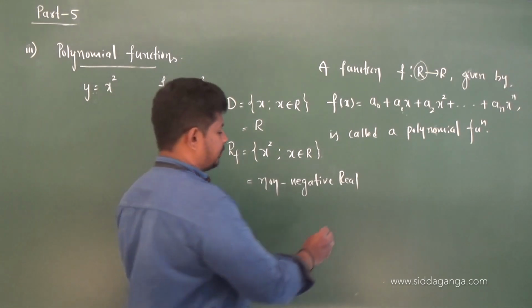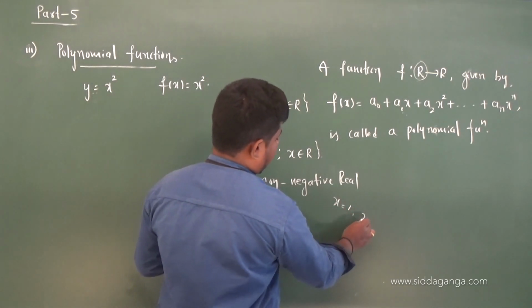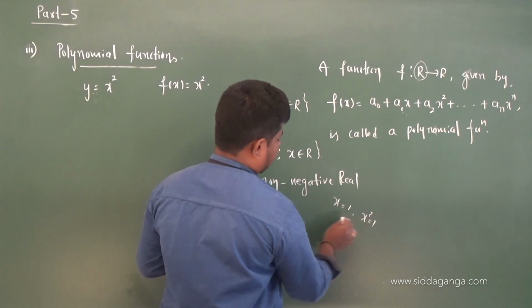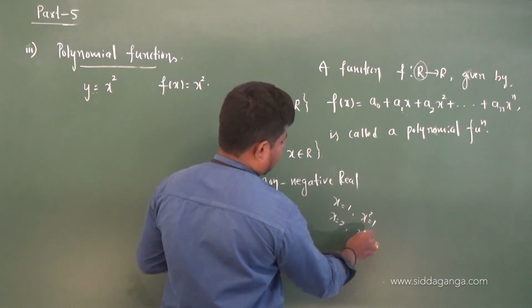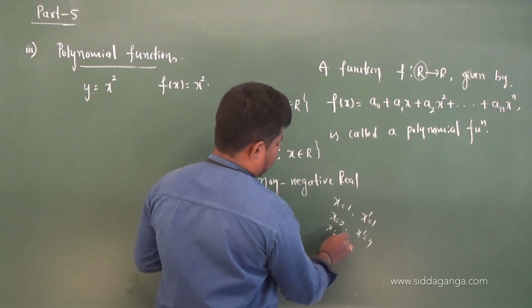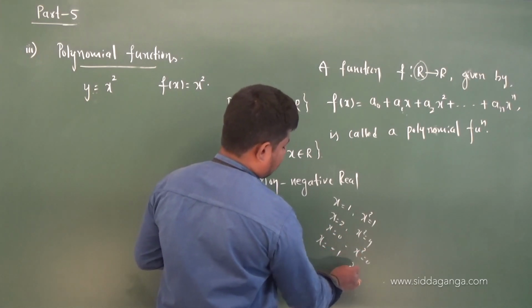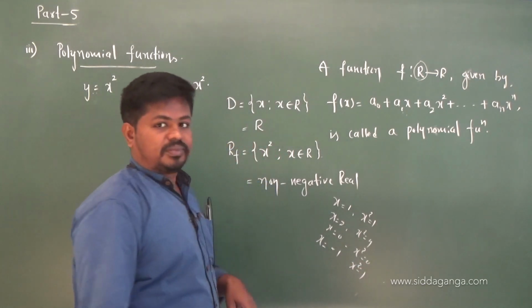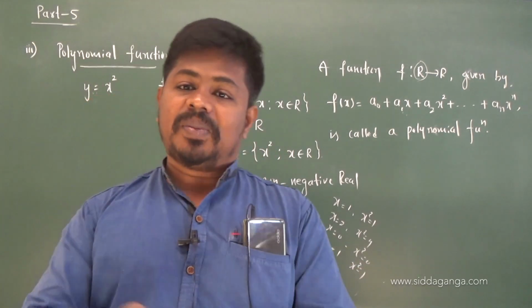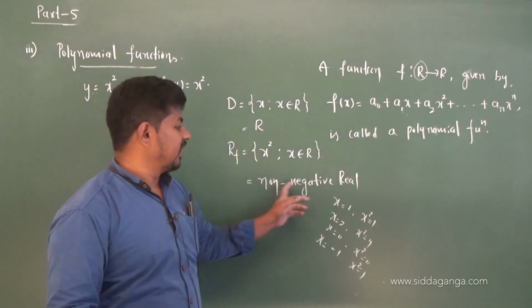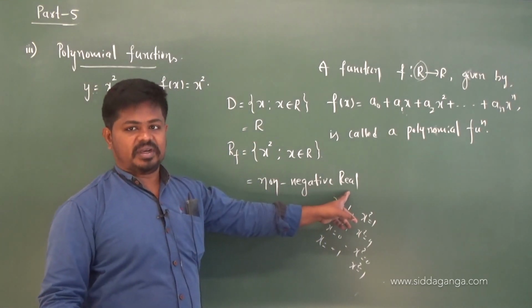When x is 1, x square is 1. When x is 2, x square is 4. When x is 0, x square is 0. When x is minus 1, x square becomes plus 1. Whatever the domain values, you get the positive values. So I can write non-negative real numbers. Set of all non-negative real numbers, you can write as the range.